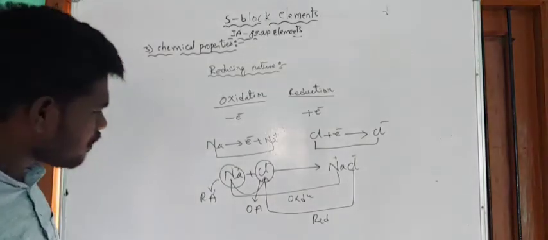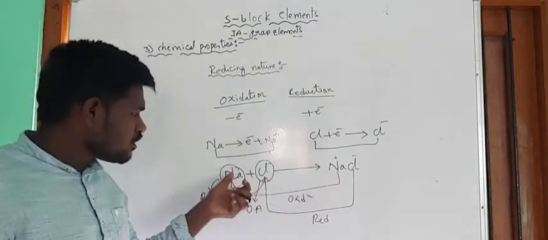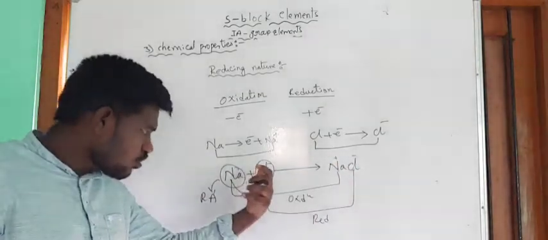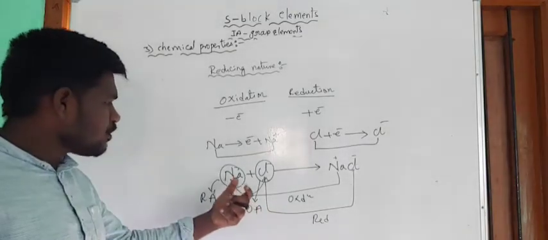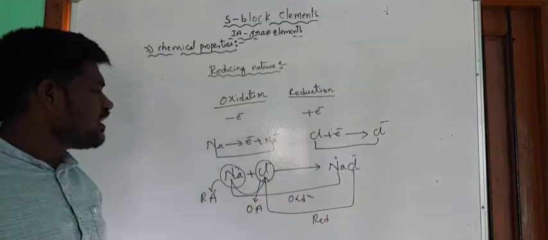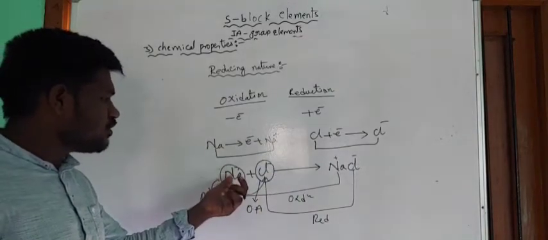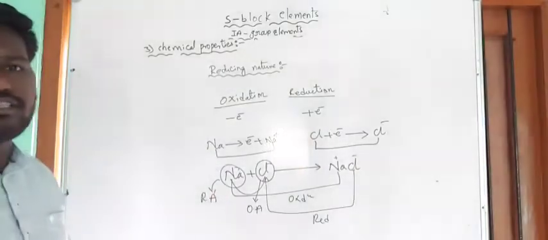That which is responsible for the oxidation, that is chlorine, is known as the oxidizing agent, and that which is responsible for the reduction is known as the reducing agent. Sodium is the reducing agent.